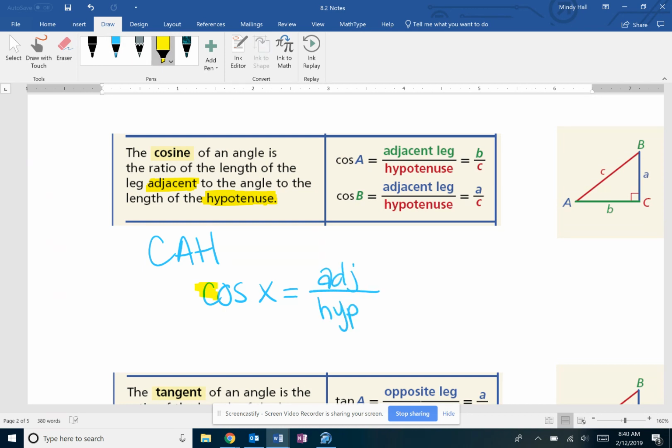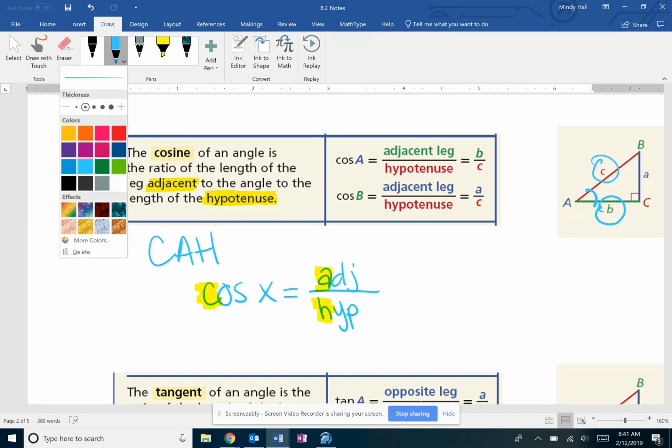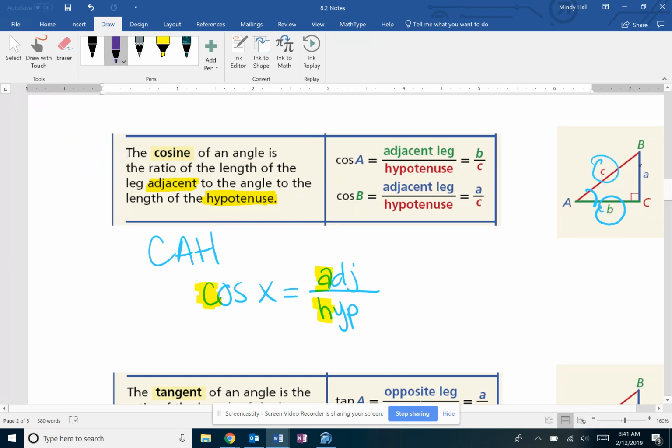So again, if you notice the letters C, A, H, that's how we get that CAH for SOHCAHTOA. So again, looking at the triangle, let's say I was doing the cosine of A. Cosine of A, I'm going to have my adjacent leg B over my hypotenuse. And if I was doing angle B, I would do my adjacent leg A over my hypotenuse. So sine and cosine are really similar, and they may actually be the exact same answer depending on which angle you are looking at.